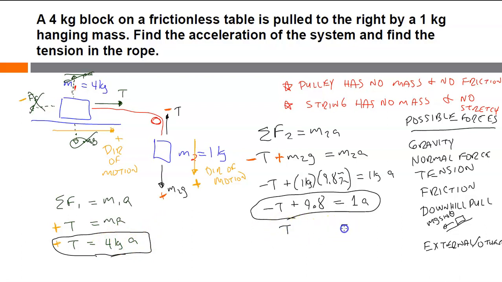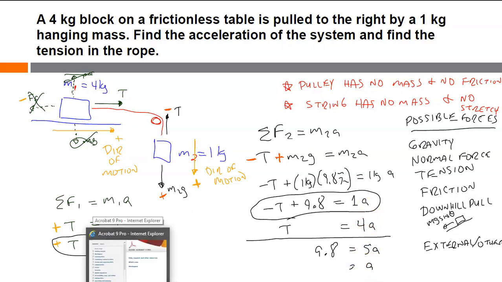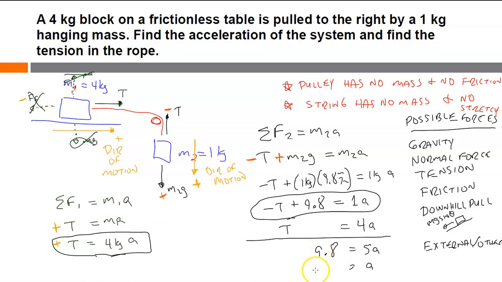Here's T equals 4A right there. If you just stack the first and second equation and draw a line underneath and add straight down, negative T and T are just going to cancel out and give you 0. 9.8 plus 0 looks like that. 1A and 5A, I'm sorry, 1A and 4A would be 5A. So if I divide by 5, I'm going to get 1.96, a little bit less than 2 there.